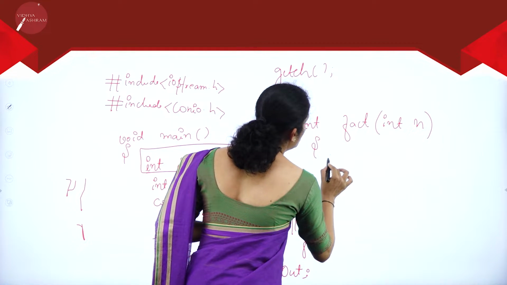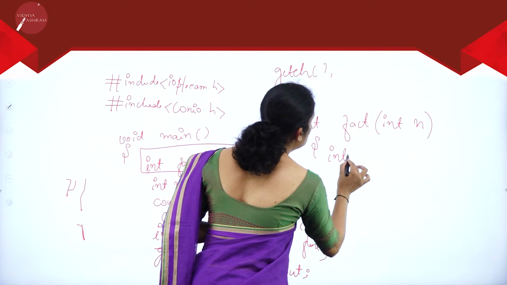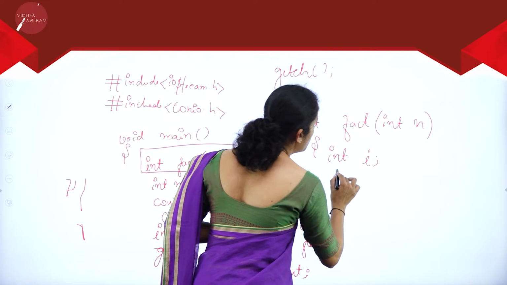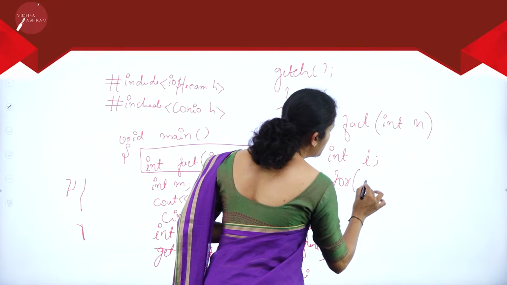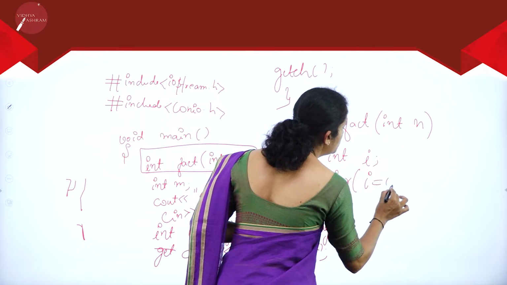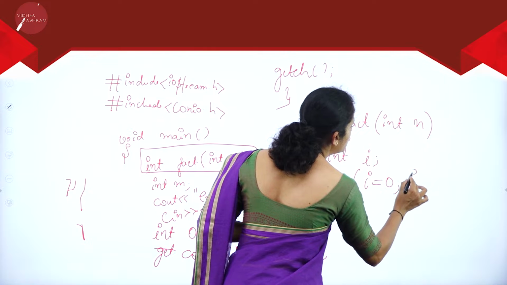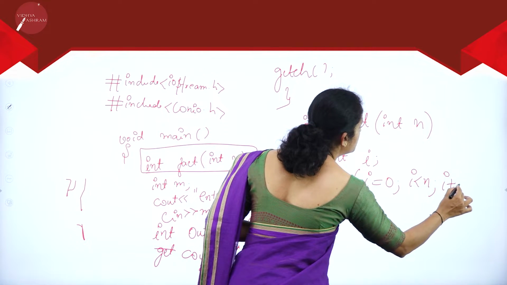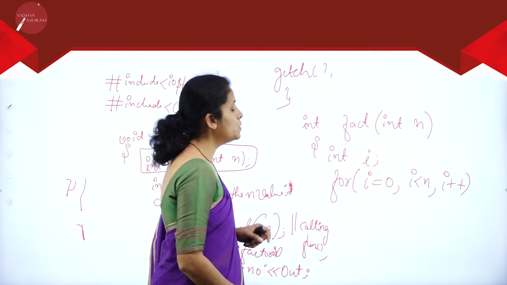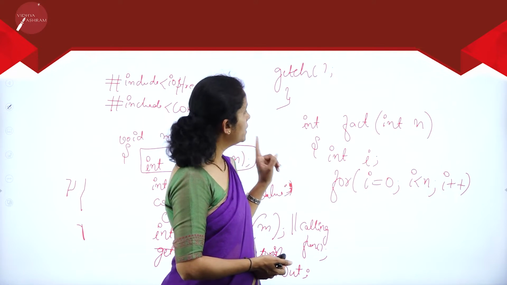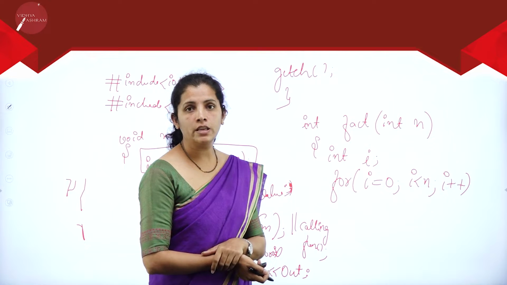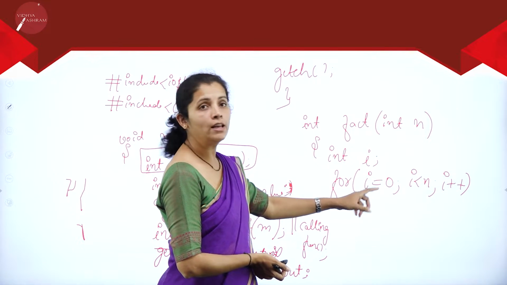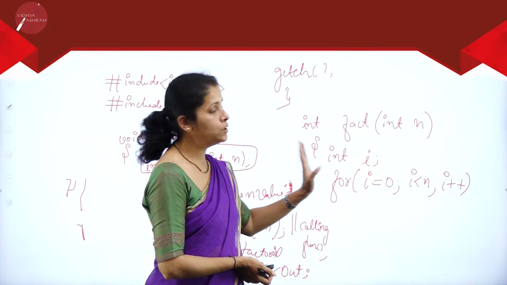So I'm going to declare a local variable called i. Now I'll write the for loop: for i equal to 0, semicolon, i less than n, semicolon, i plus plus. And dear student, what's the program? I need to find the factorial of a given number. And if I multiply any number with the value 0, I'm going to get the value 0.